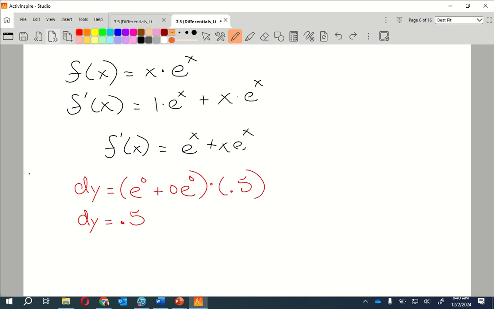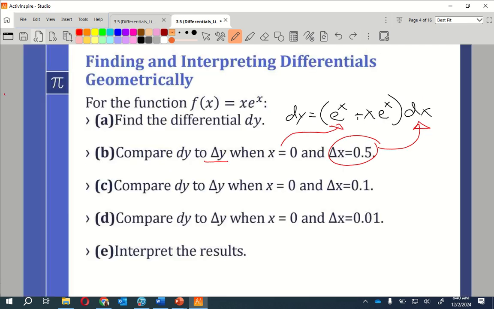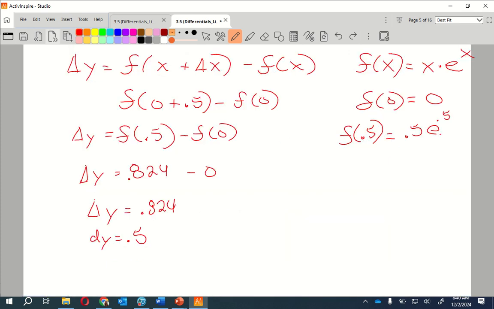My dy was 0.5. And my question said, compare this to this. So I'm going to find the difference between these two. So finding the difference, I'm going to subtract. So how far are they apart?